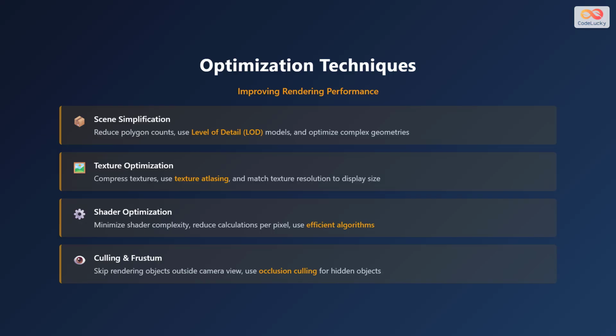Shader optimization minimizes shader complexity and reduces calculations per pixel using efficient algorithms. Culling and frustum techniques skip rendering objects that are outside the camera view. Occlusion culling further optimizes by not rendering objects that are hidden behind other objects. These techniques maintain visual quality while dramatically improving rendering speed and frame rates.